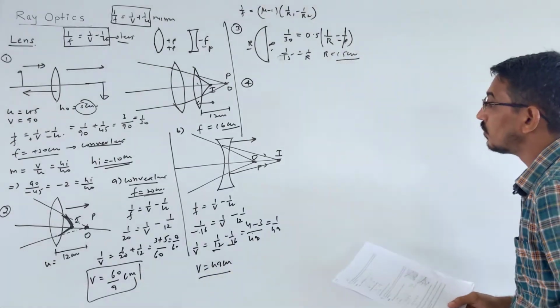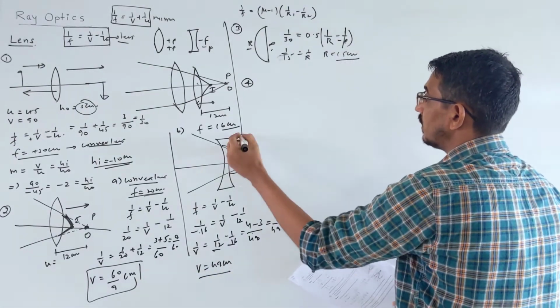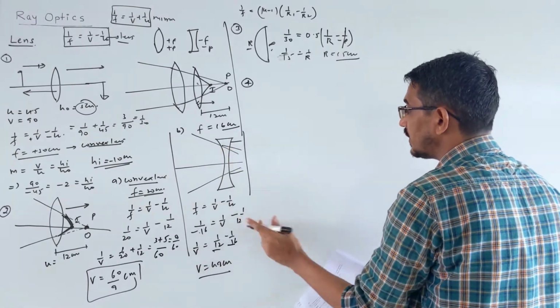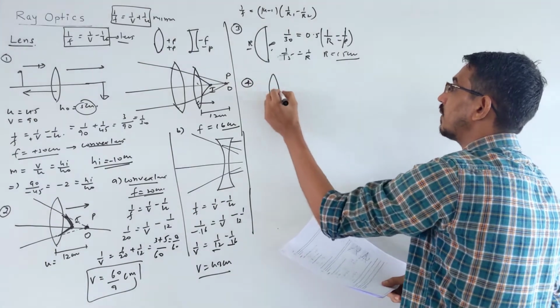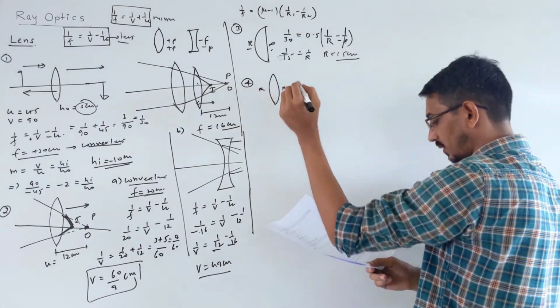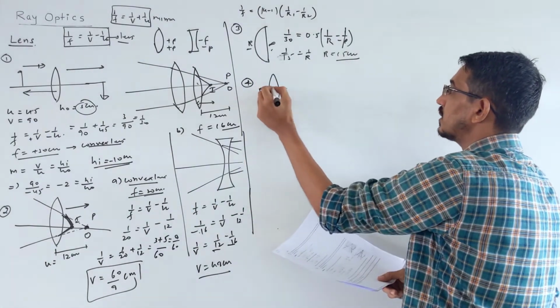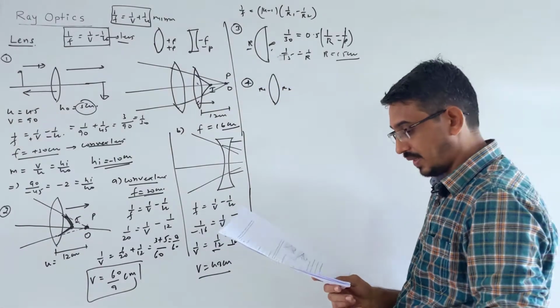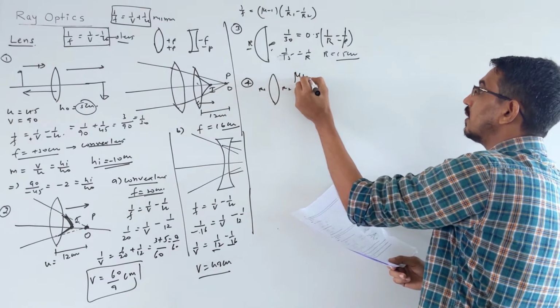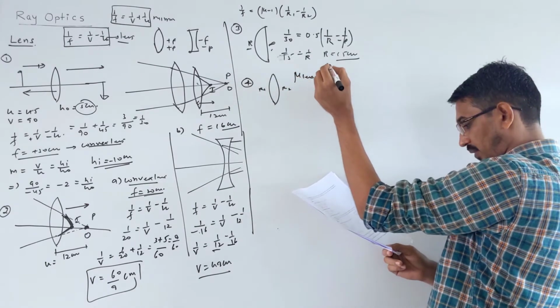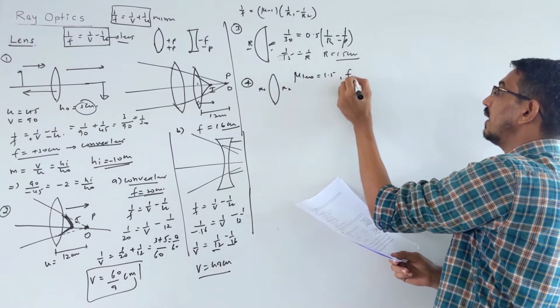So look here, we always have to write two cases. First, we have a biconvex lens, with radii r1 and r2 that are different. Initially mu of the lens is given as 1.5, and the focal length is given in air.